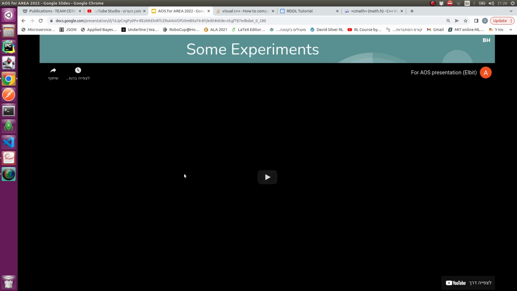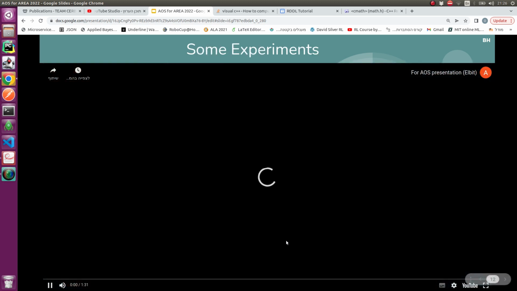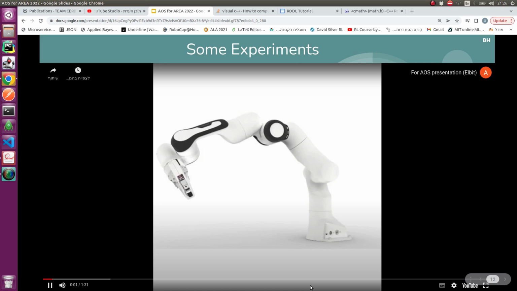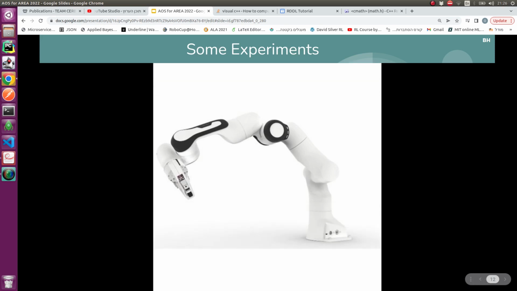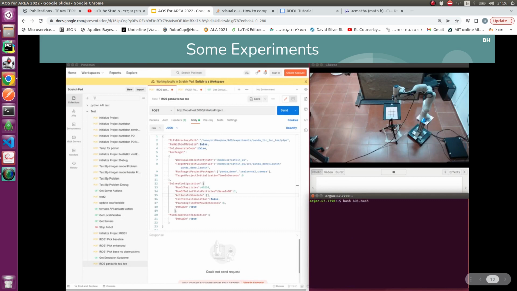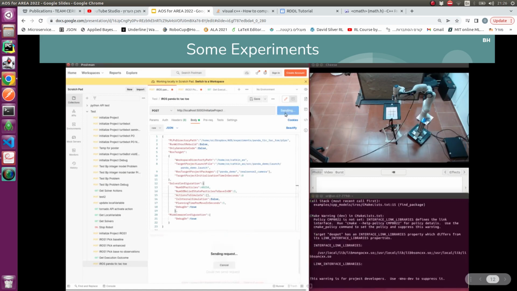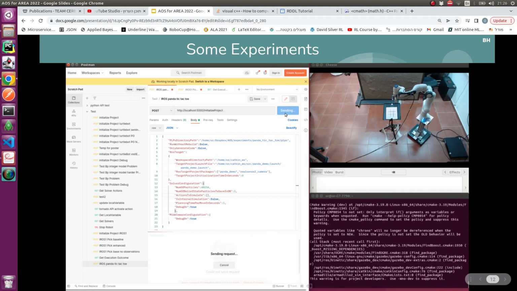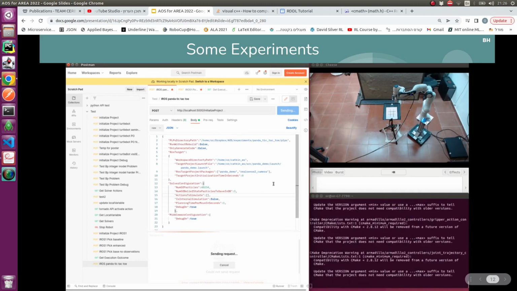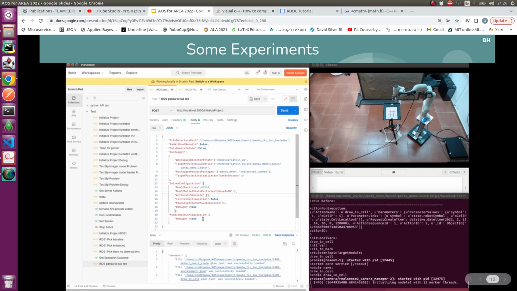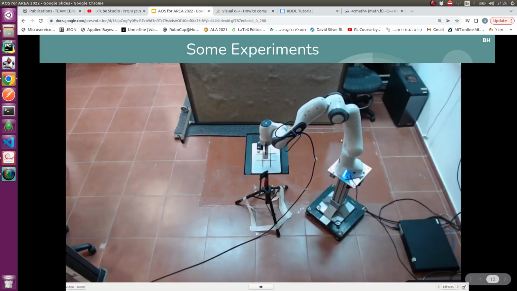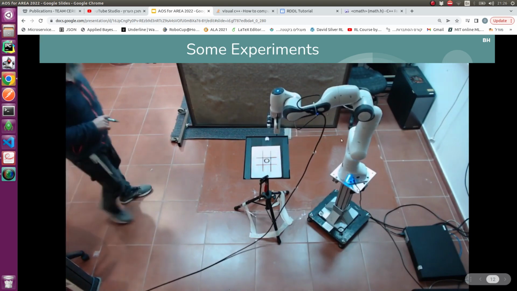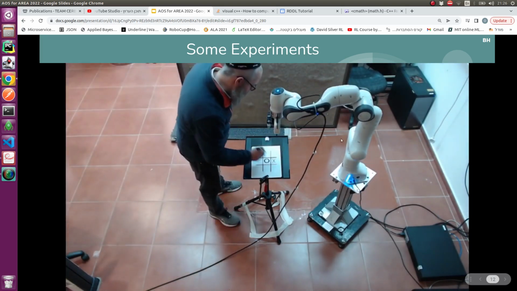Okay, so let's look at some experiments. What we see here is the Panda robot, and we are doing a tic-tac-toe experiment, human versus robot. We implemented two basic skills: one, the robot can mark a circle in each of the cells, and the other, the robot can detect changes in the board.